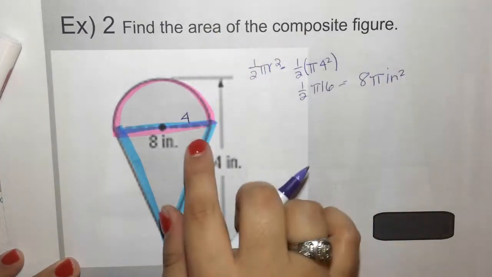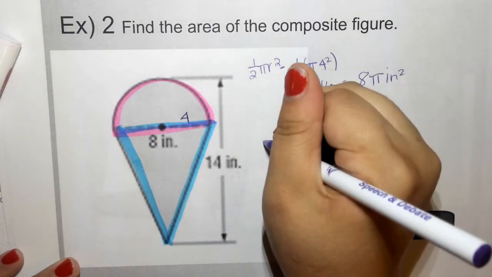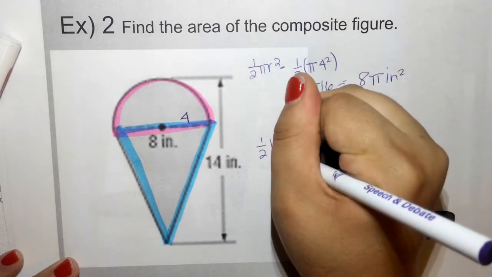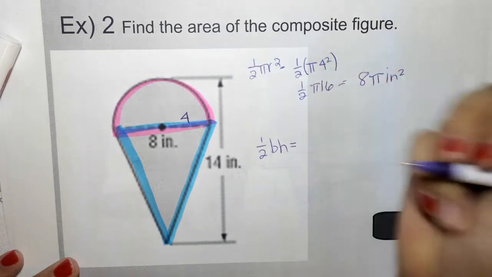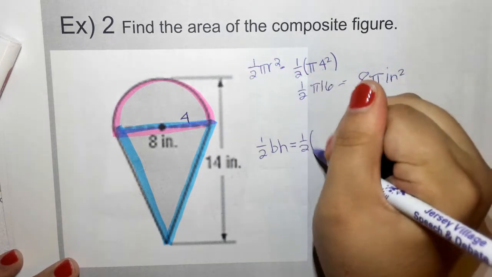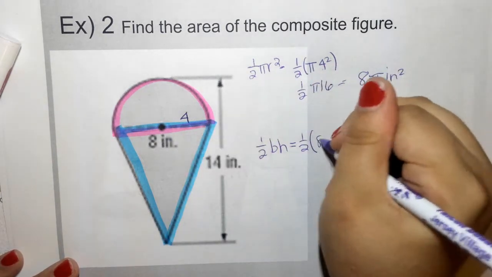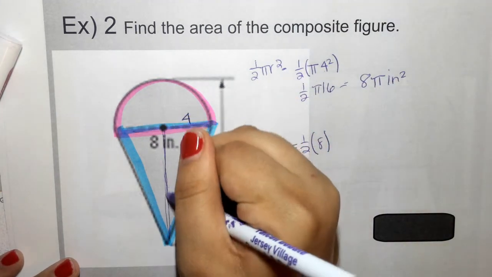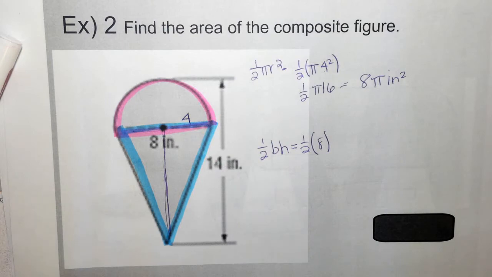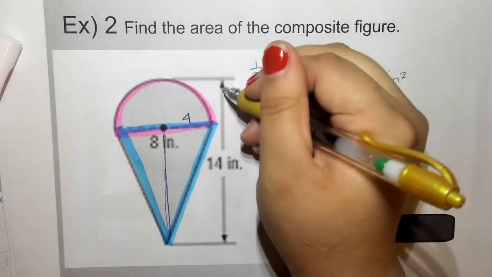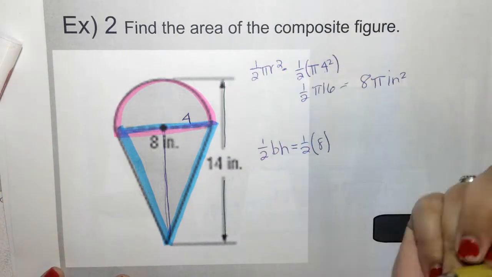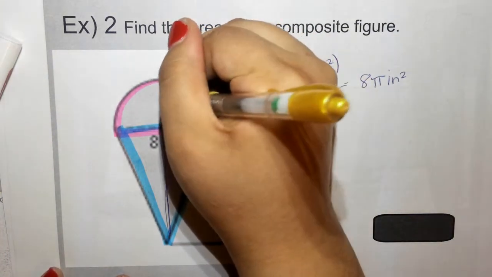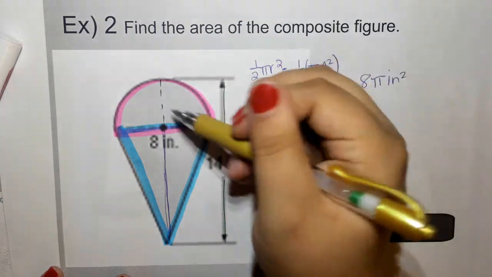But that's just my semicircle. Now I have to do my triangle. Well, the triangle is 1/2 BH. Well, 1/2, what's my base? 8. What is my height? How can I find the height? What do I know about this whole thing is 14. What is this right here? It's a radius.